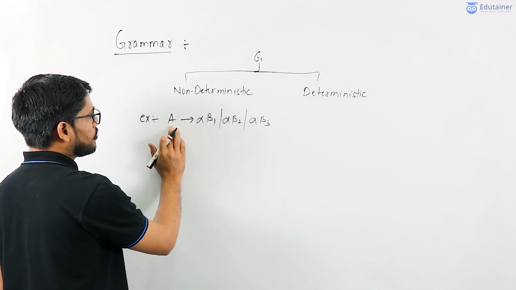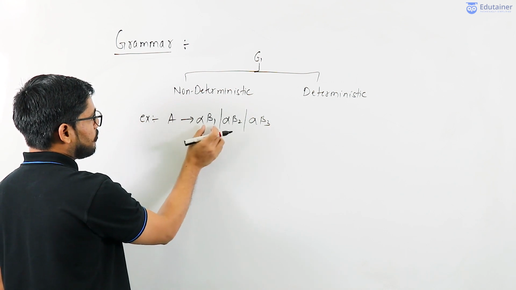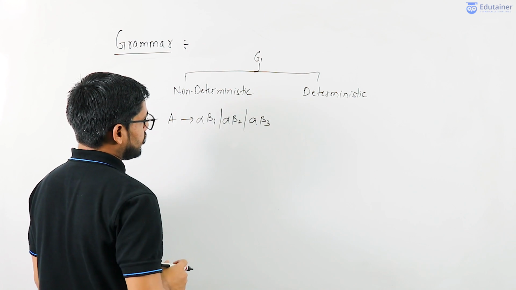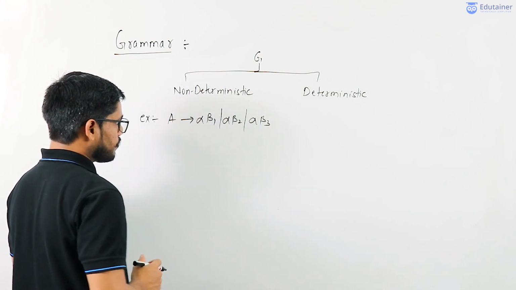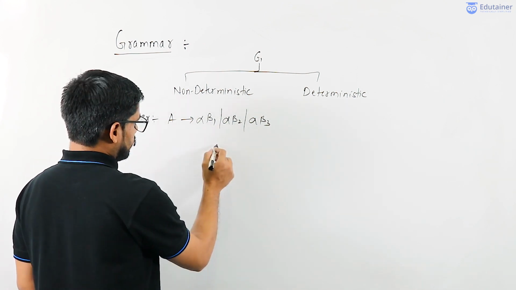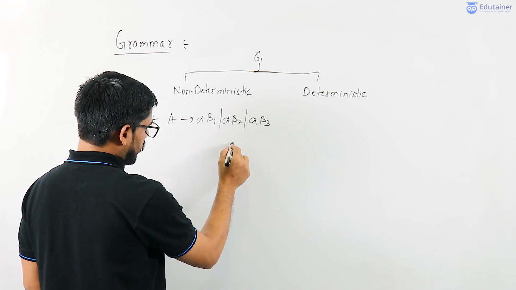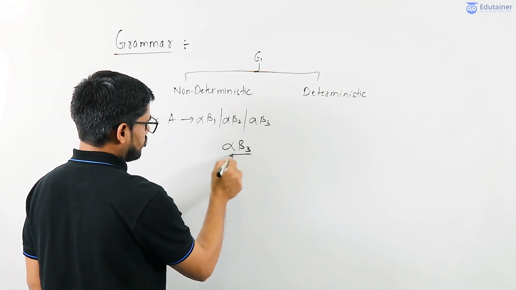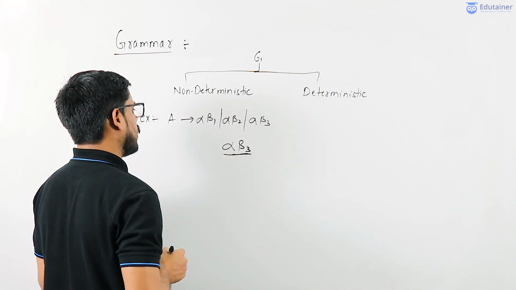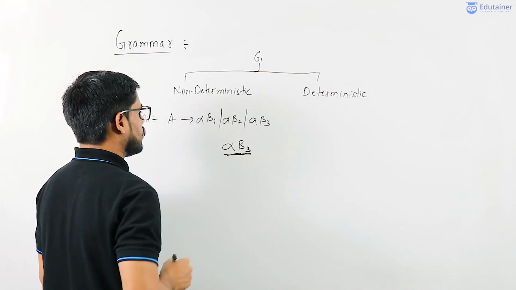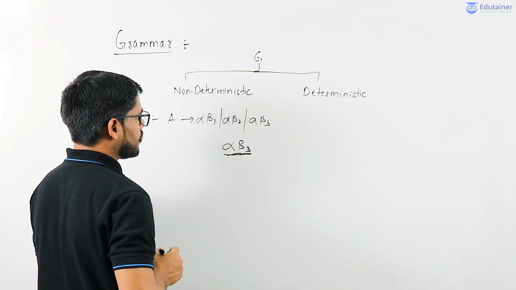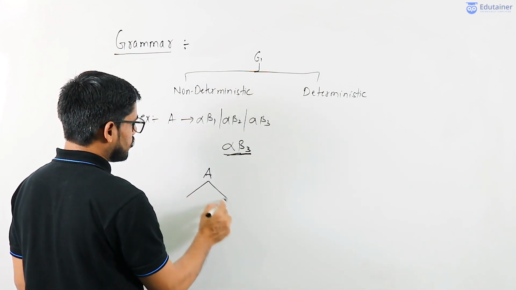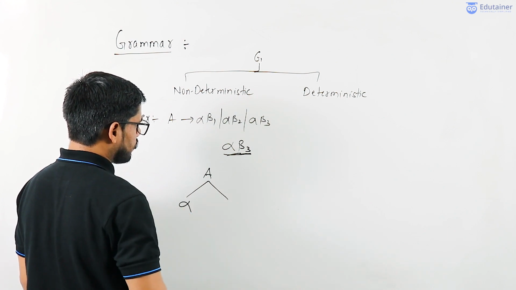Here I have written down a grammar: A derives alpha beta 1 or alpha beta 2 or alpha beta 3. Now assume that I want to derive alpha beta 3. I can first test it out with alpha.